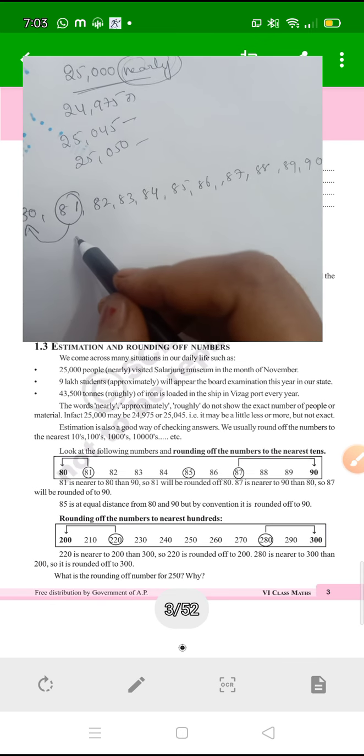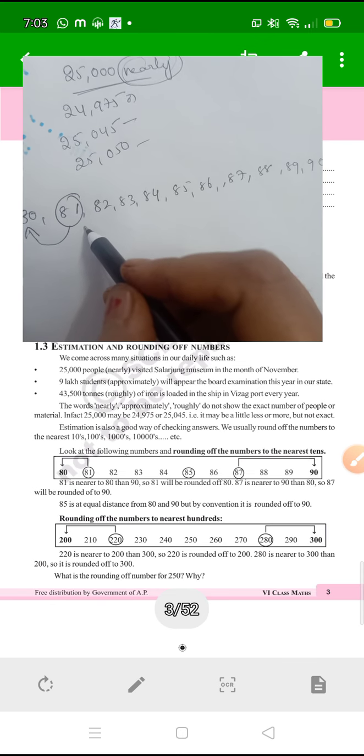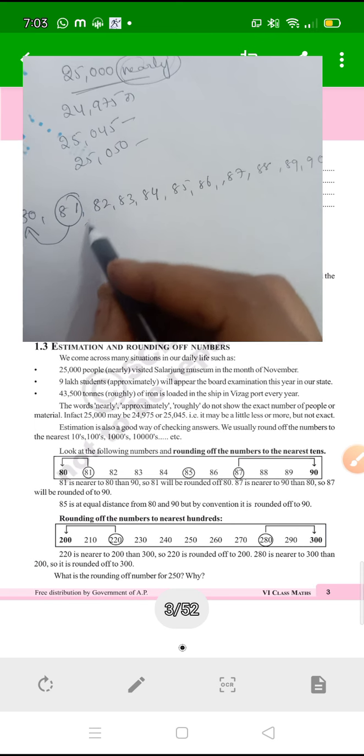So you can say that here 81 will be rounded off as 80.